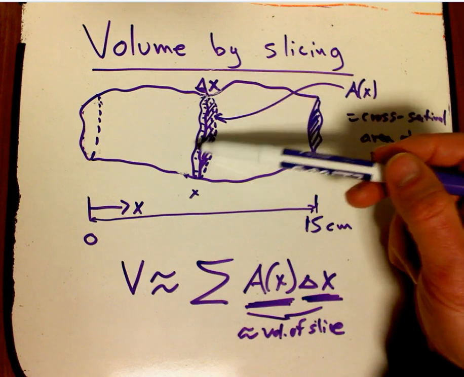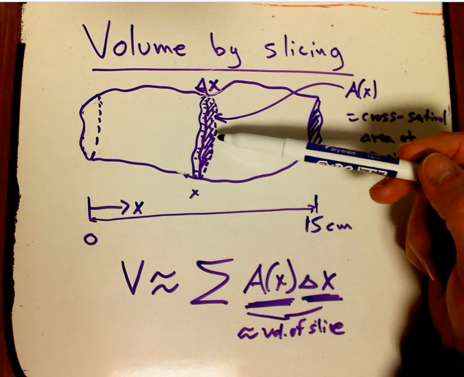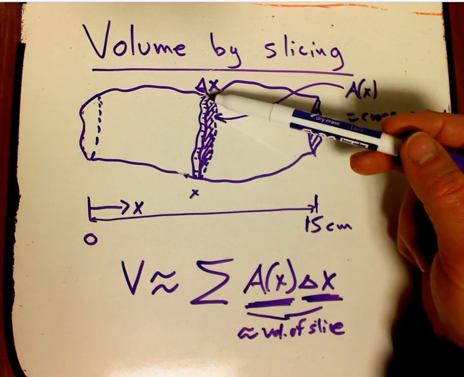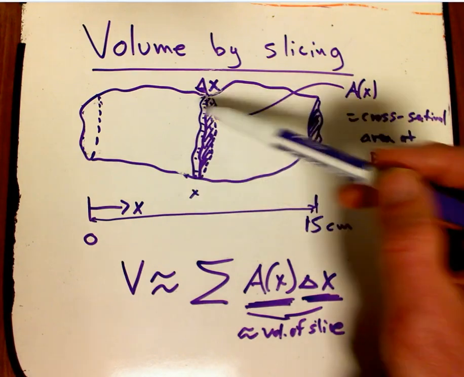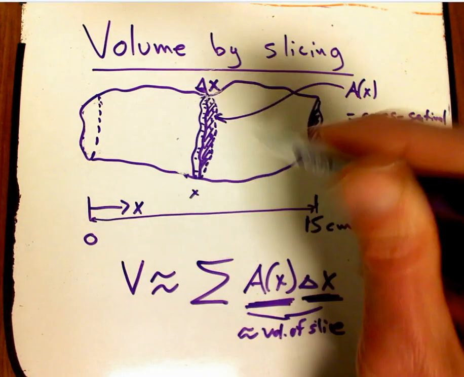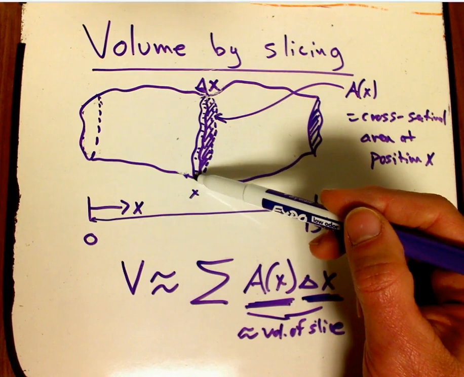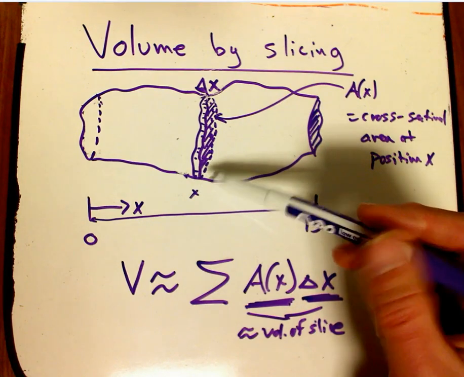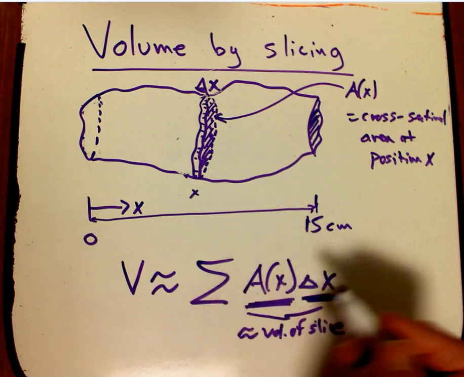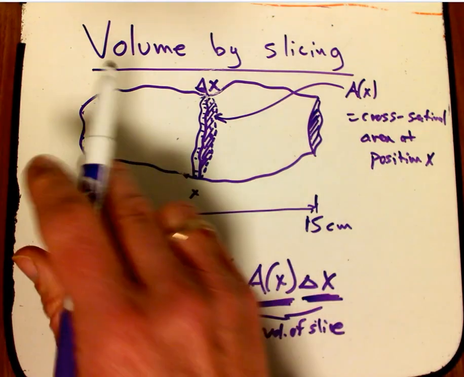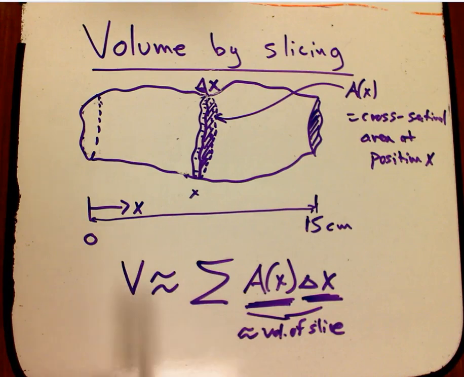It has perfectly straight edges, even if it could have a funky cross-section. In particular, I'm assuming the cross-sectional area is the same on the right-hand side as it is on the left-hand side, and that there's no weird wiggling in between, but of course there is a little bit of weird wiggling in between. So this is approximately going to be the volume of each of those slices, and then I'm going to add those up in some sort of finite sum to get an approximate number for the volume.